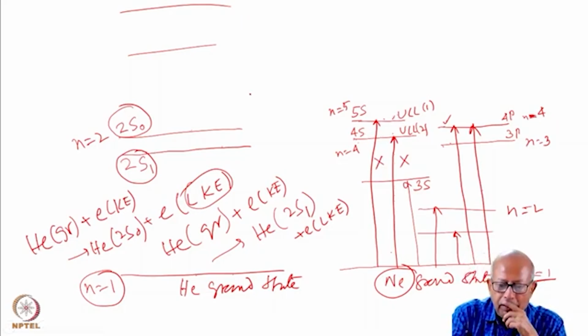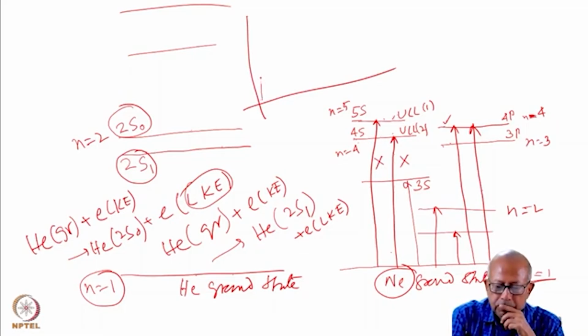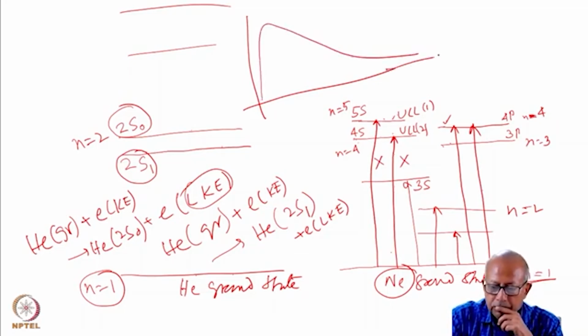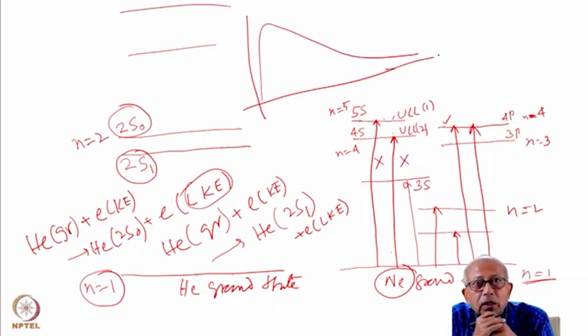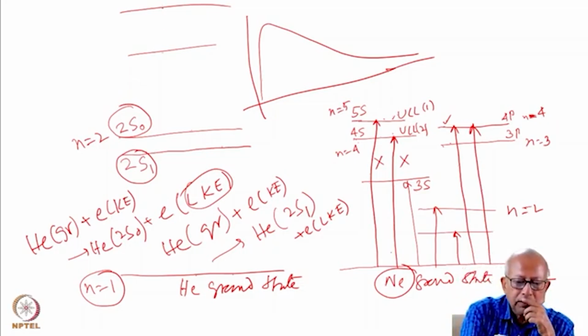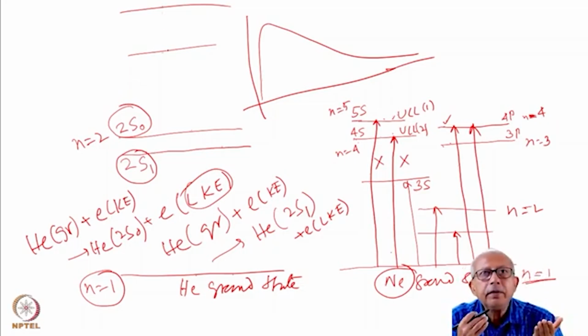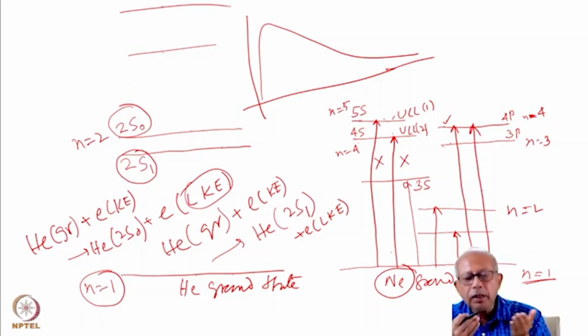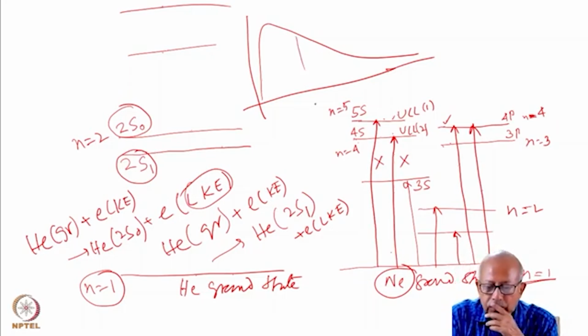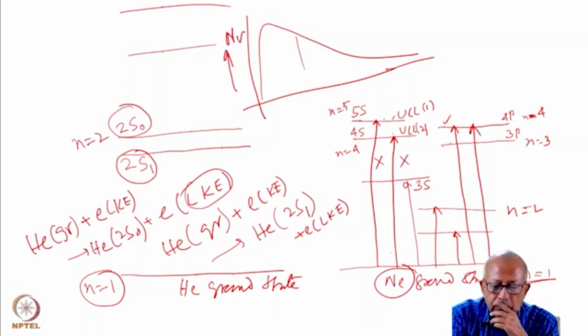But you need electrons, say the electron energy distribution, velocity distribution would look somewhat like this Maxwell distribution. So to populate this level, you will need electrons with correspondingly higher energy, higher velocity. This is the number of electrons with velocity v, and their number reduces as the velocity increases.